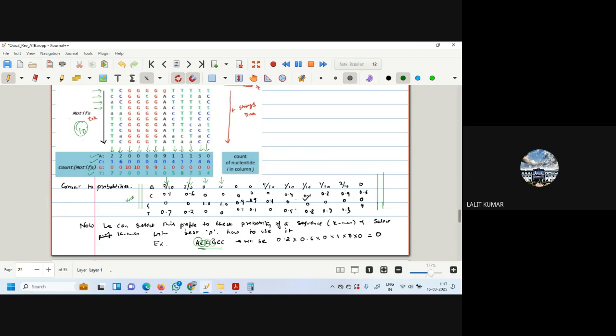The benefit of this profile is that in many places you will find 0, so your calculation becomes easy. You select the k-mer which has the highest probability, and that will be the k-mer which gives you the best score. Is this understood by everyone? Yes, sir.